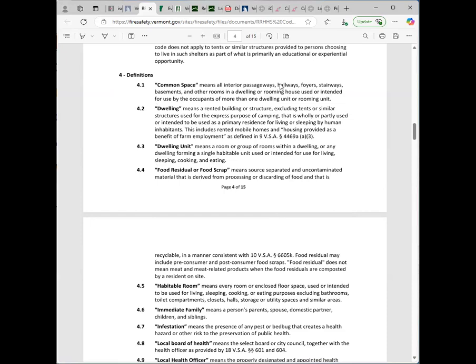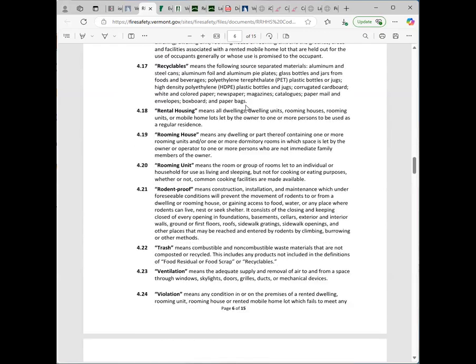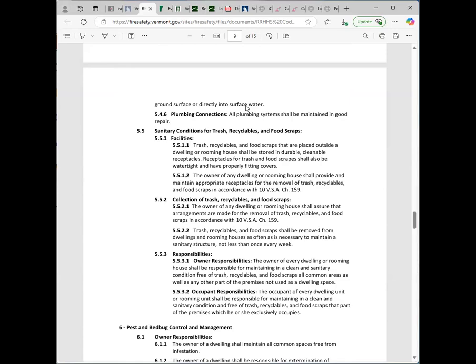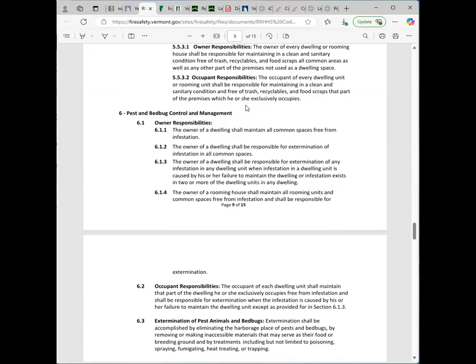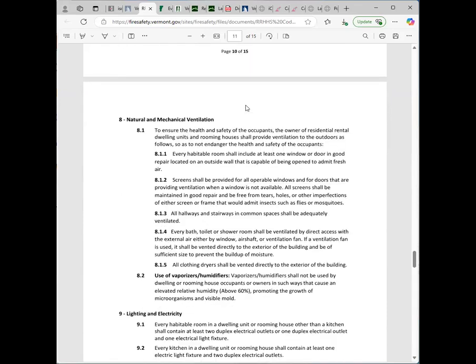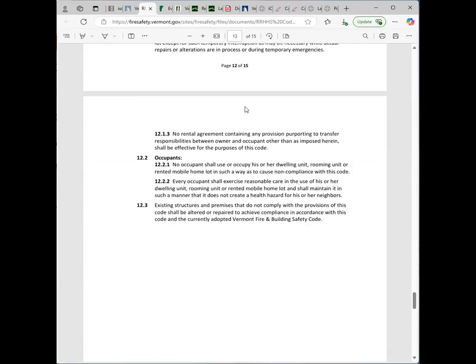It talks about definitions. I'm not going to go through the whole thing, but it also talks about sanitation facilities, trash control, pest and bed bug control and management, heating, and natural ventilation.